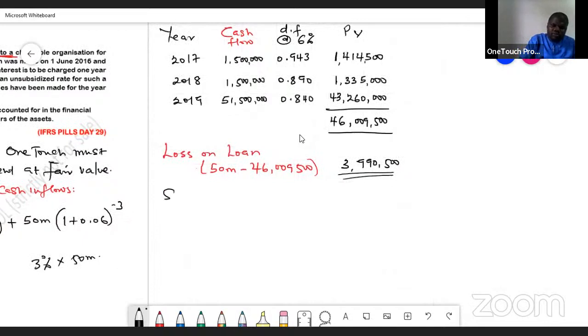So subsequent measurement at amortized cost.